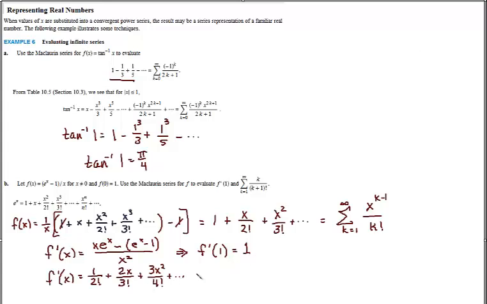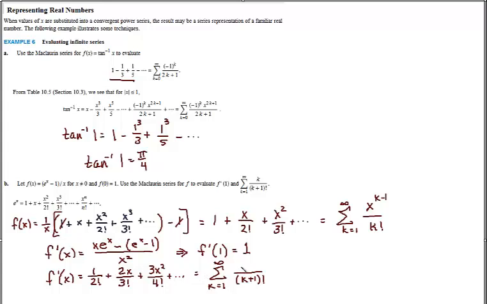Alright, there we are, taking the derivative term by term, and if I want to see what this looks like as a series, term by term, this would be k plus 1 factorial on bottom, because this is the first term, second term, third term, so that works there.